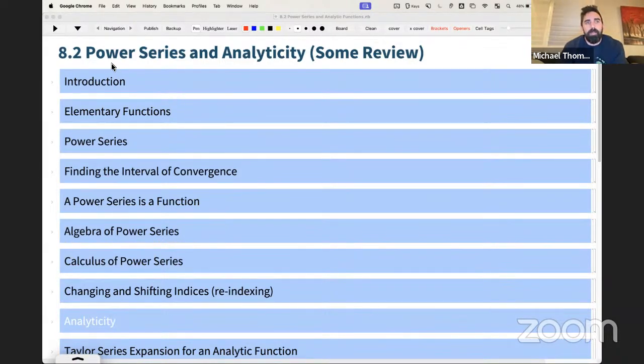Most of the discussion today will be a review of power series, but it's been a long time, and maybe in Calc 2 some students didn't get a firm grasp of what they are. So we'll do that. That's most of the section, but then also we're going to discuss a topic called analyticity, which you're going to want to understand. It's basic, but it's a weird name. But it'll help later on.